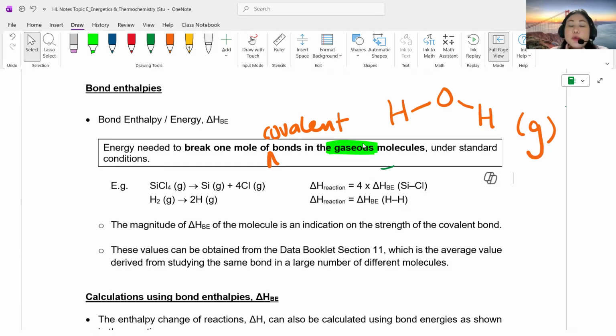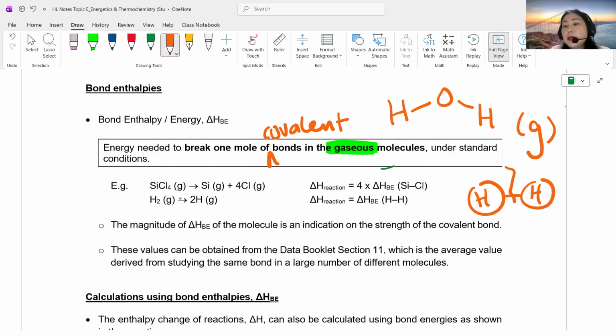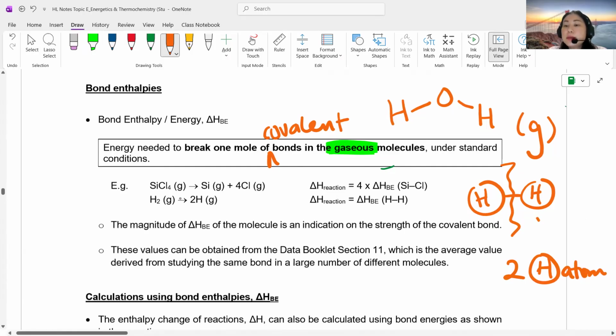So bond energy is the energy to break one mole of gaseous covalent bonds. For example, if I break an HH bond, I'm breaking one mole of bonds. After breaking, what do I get? I get 2 hydrogen atoms. This is a molecule, so I break a molecule and get 2 atoms. That's the bond energy. It's found in data booklet table 12.